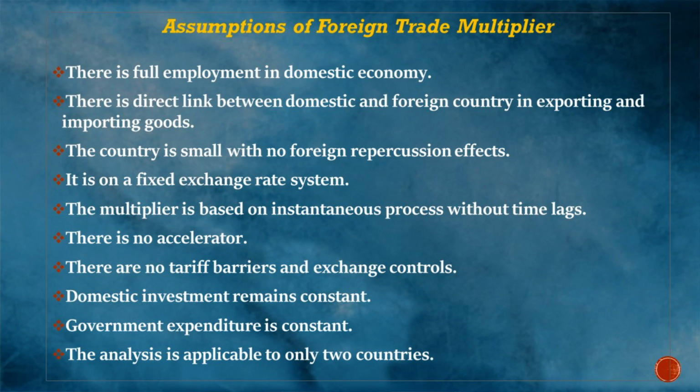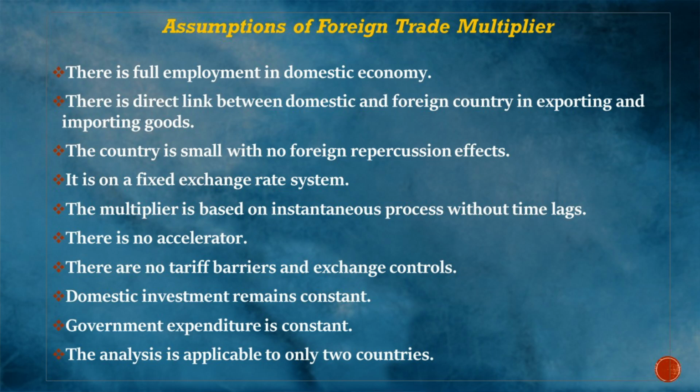Of course there might be some non-tariff barriers that are always there, but we assume away the presence of non-tariff barriers and exchange control. And then there is no change in domestic investment. It is constant, and so is the government expenditure. Basically, we are nullifying the effect of fiscal and monetary policy that may be undertaken by the government.